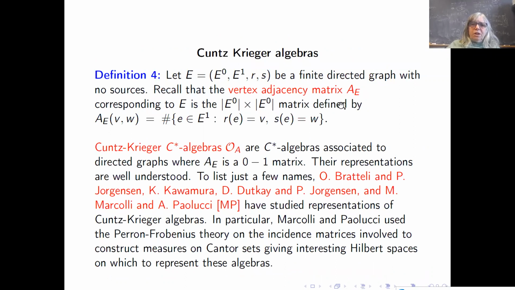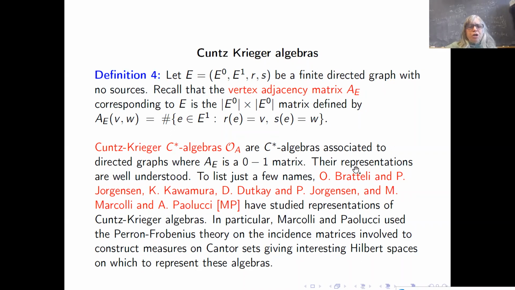Let's go back to our vertex adjacency matrix that I was talking about before. So we have our finite directed graph, and then we have this finite matrix indexed by the vertices, and the VWth entry is the number of edges where the range of e is equal to v and the source of e is equal to w.